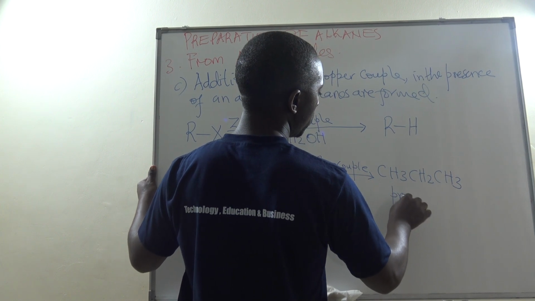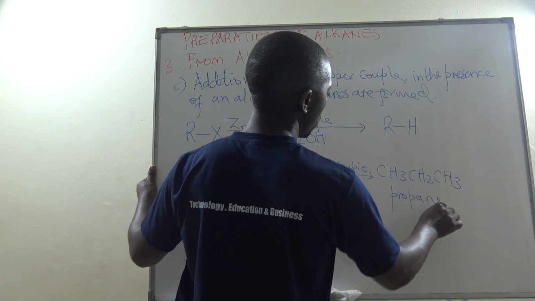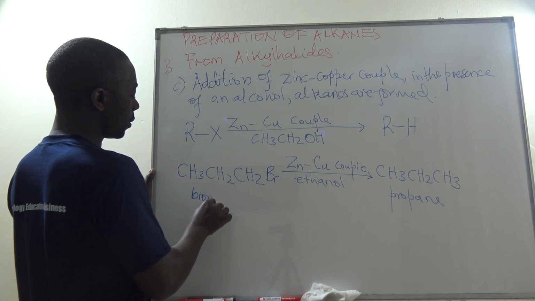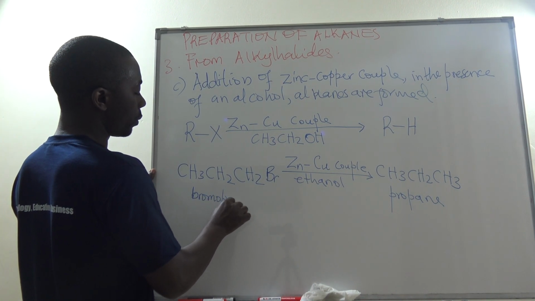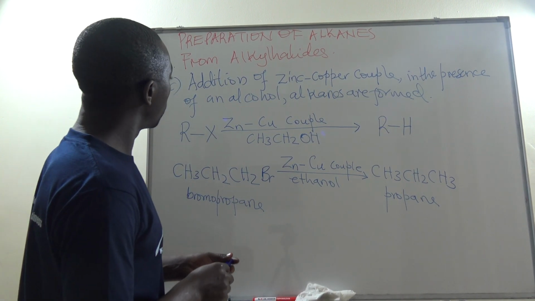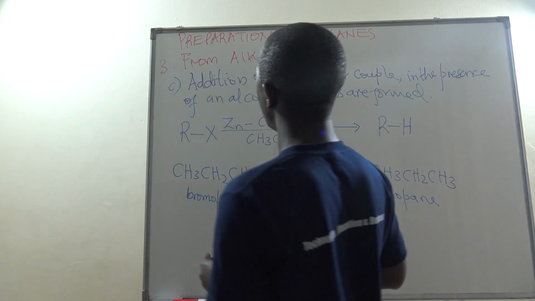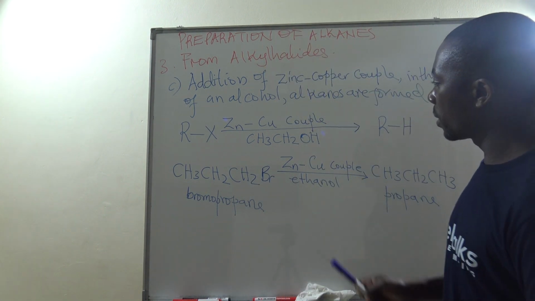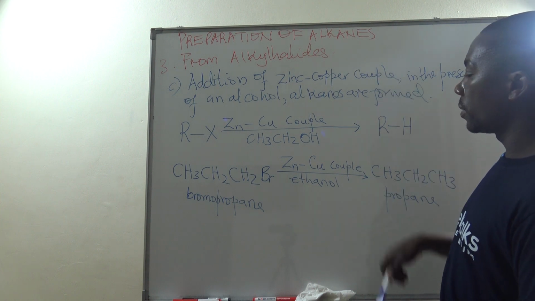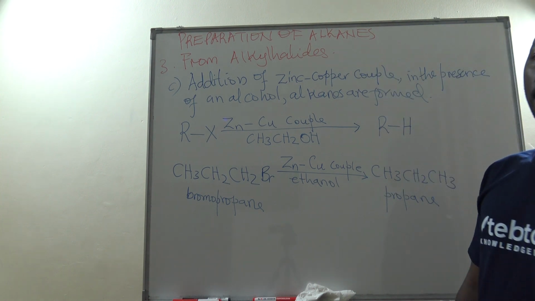This is propane, while this is bromopropane. These are methods. They are still continuing, but so far these are methods that we can look at as ways of preparing alkanes from alkyl halides.